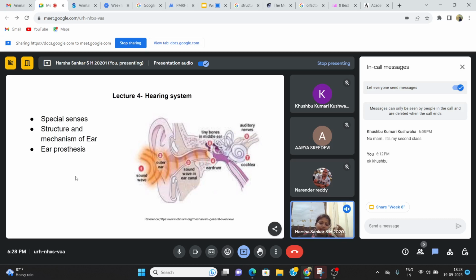Or suppose the damage happens at the receptor level, or at the cochlea level, or the hair cells are not functioning properly. In all these cases, only the auditory cortex is effective and all the other things are damaged. In such a case, scientists were very successful in building an artificial mic, or ear prosthesis, right?